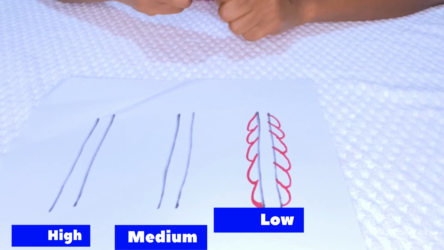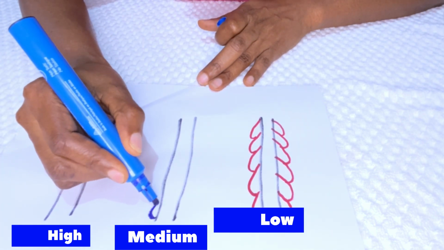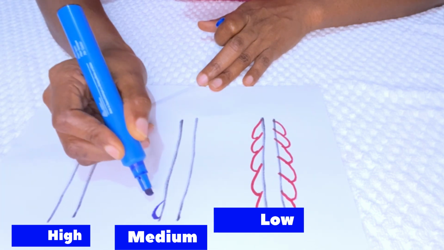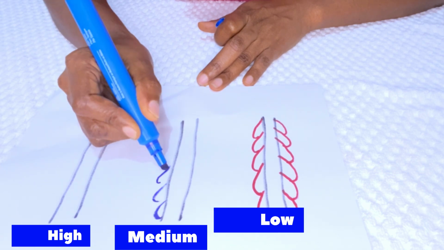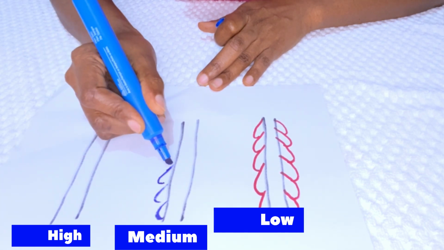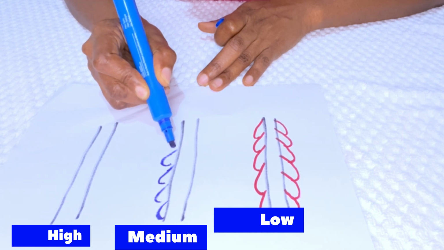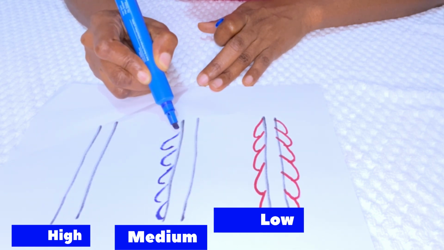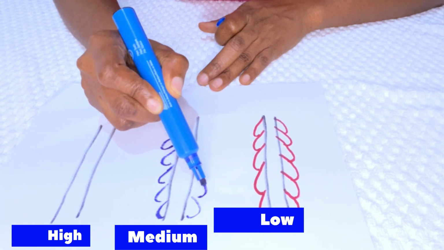Next, we have medium porosity. For medium porosity, it means that the cuticles are slightly open, right? So it's slightly open like that. I'm not an artist, but I'm trying. So that's how it is, right? Let's put some more on this side so that you can see.